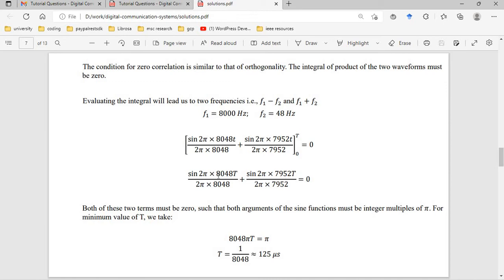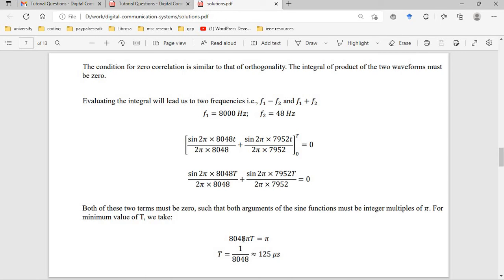The only way that can happen is that both of these must be integer multiples of pi, like n pi, because we know sine of n pi is always equal to 0. So 2 pi times 8048T and 2 pi times 7952T must both be equal to n pi.